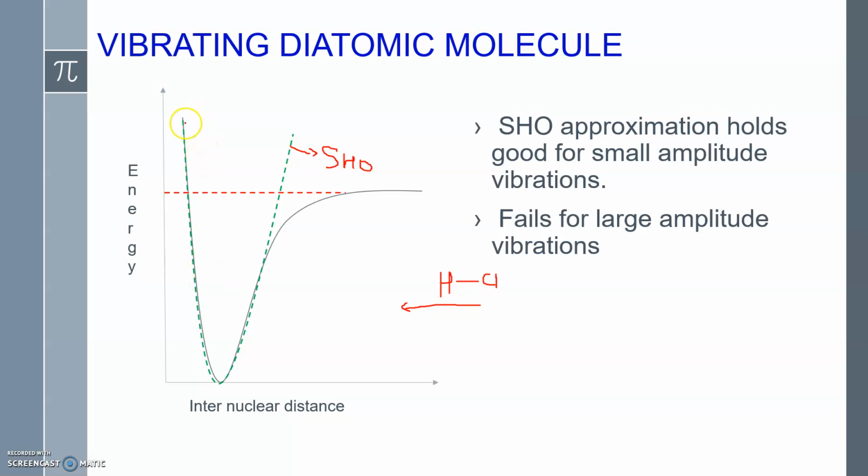But real diatomic molecules will undergo dissociation, and in a real situation the potential curve has to be like this, as given by the blue curve, where you can see that for a very large displacement, the molecule will undergo dissociation. We can treat this kind of oscillating diatomic molecule as an anharmonic oscillator.